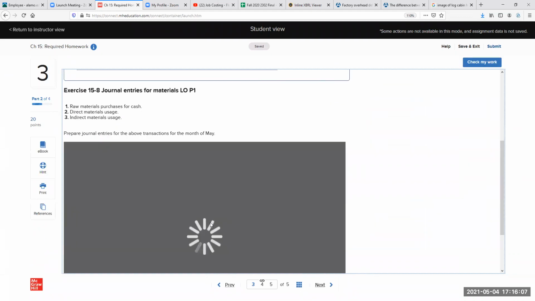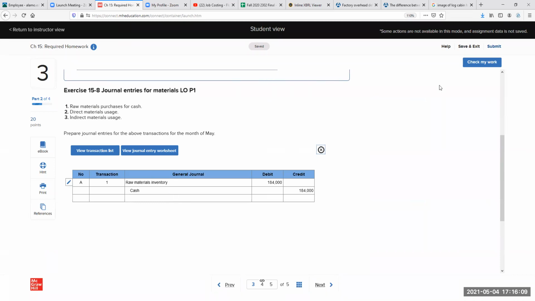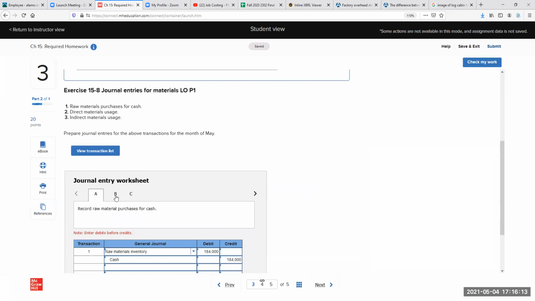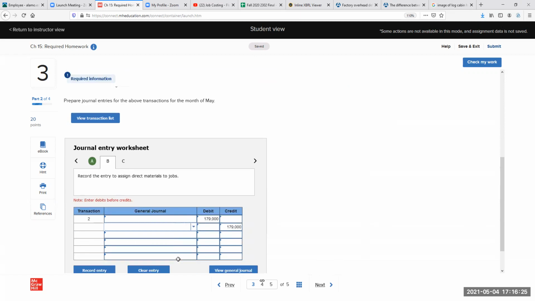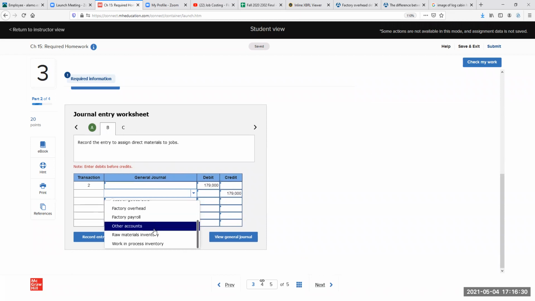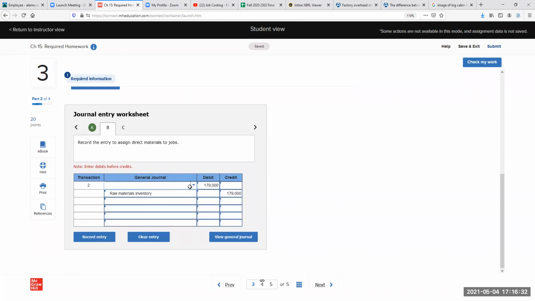Okay, 179,000. They went out of raw materials. And where do they go to? So raw materials are going down. And raw materials go down with a credit, and where do they go to when you're working on something? Work in process inventory. Okay.